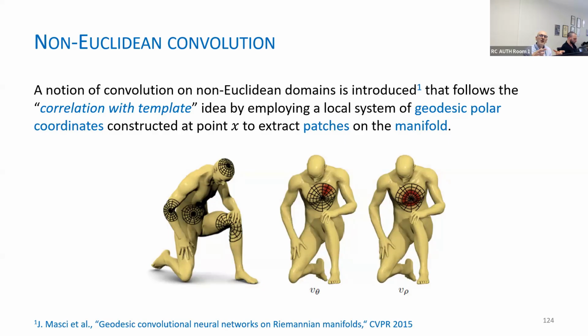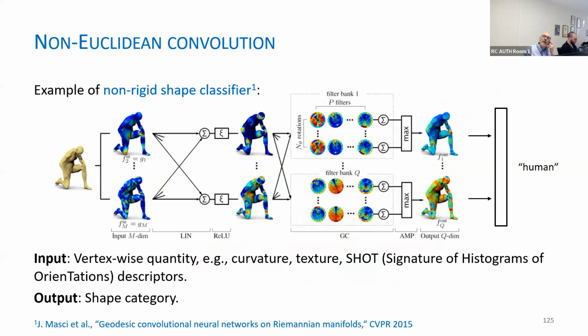We have a pixel, and we have a region around this pixel, and we can order the pixels in this region. And so here you see the overall idea of this convolution on a non-Euclidean domain.